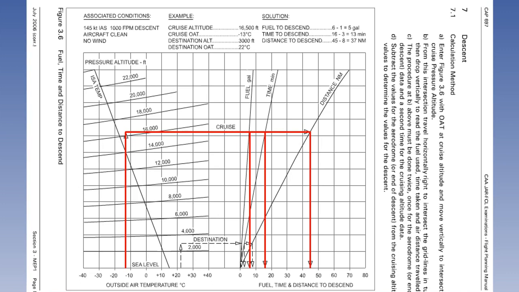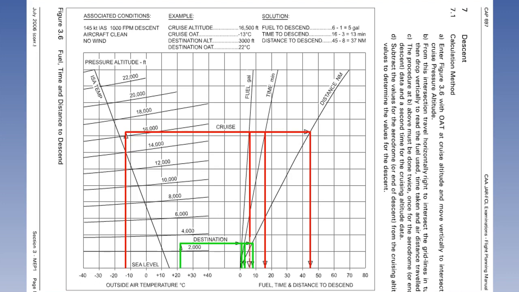If the descent is to be made to an airfield above mean sea level, first carry out the procedure just described, then re-enter the graph with the airfield outside air temperature and go vertically to the airfield elevation. Go horizontally to cut the fuel, time and distance lines. From each of these lines, go vertically down to read off the appropriate values.